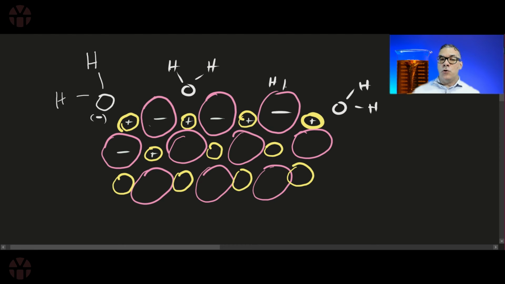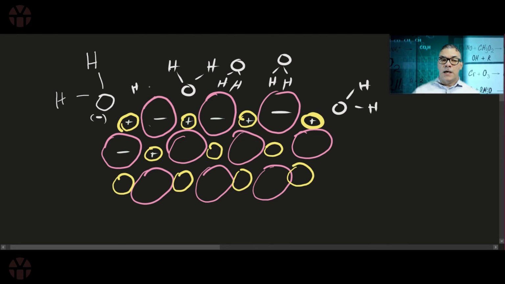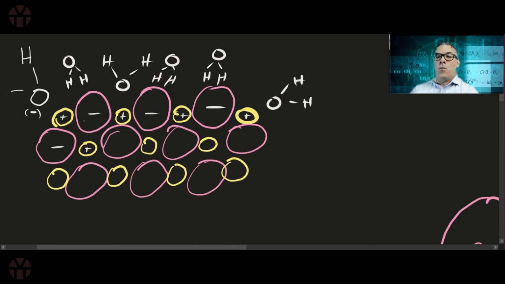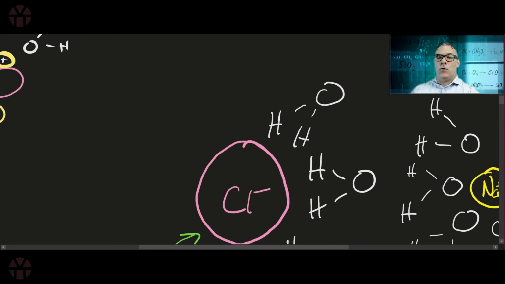But now notice how the water reverses its positioning, right? It kind of flips itself around so that the positive side, the hydrogens, begin to approach or attack each individual chloride ion.